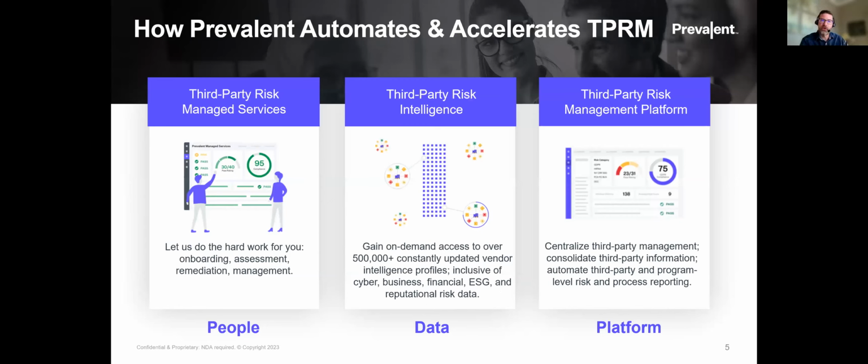And to do that, we deliver a unique combination of experts to execute the hard work of third-party risk on your behalf, from onboarding vendors, assessing them, remediating the results, which is a key point that Bob brought up, and then performing ongoing management, giving you the richest set of data intelligence inputs into your vendor profiles to help you make good risk-based decisions across a multitude of vendor risk areas, housed in a platform that automates, manages, and centralizes the process for all departments across the organization.